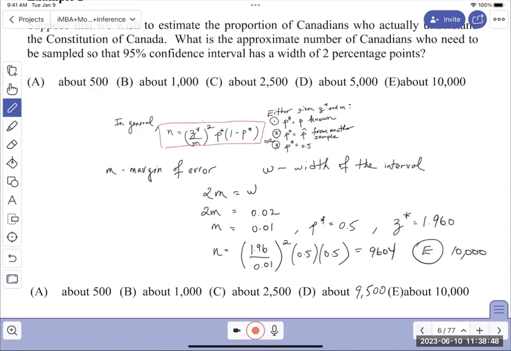Okay, so which one would you pick here? So D now. I would choose D because it's only like 100 above. Okay, so this is the issue, right? Do I round up? Do I round down? And I have a note above saying to round up. Why am I saying that? The principle is, for this type of problem, that I want to maintain a margin of 1% because I want precision.